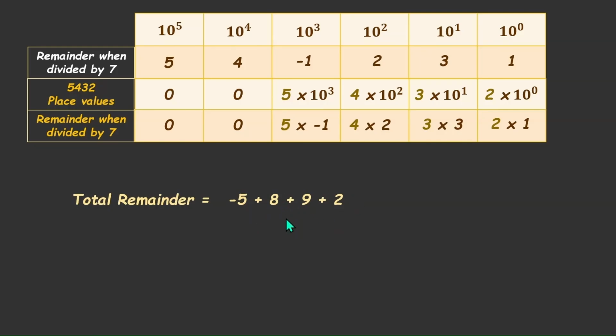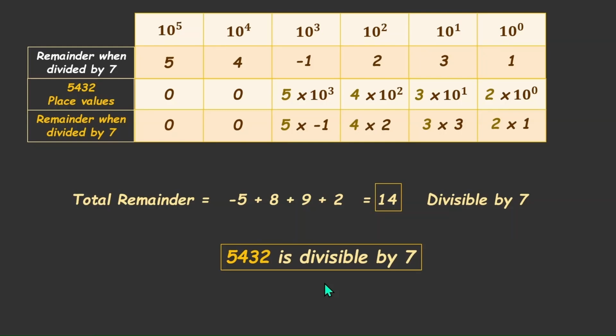And the summation would be 9 plus 2 is 11, 11 plus 8 is 19, 19 minus 5 is 14. And now the remainder that we got when 5432 is divided by 7 is 14, which is a multiple of 7. So that means that the number here would be divisible by 7.